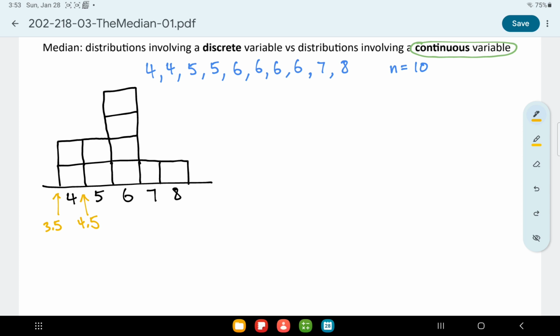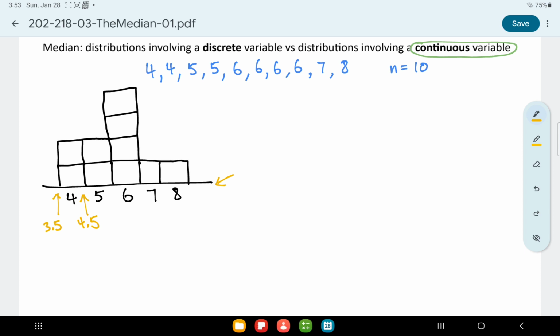Our goal is to determine at what point on this line cleanly cuts the 10 boxes into separate sections of 5 boxes versus 5 boxes.